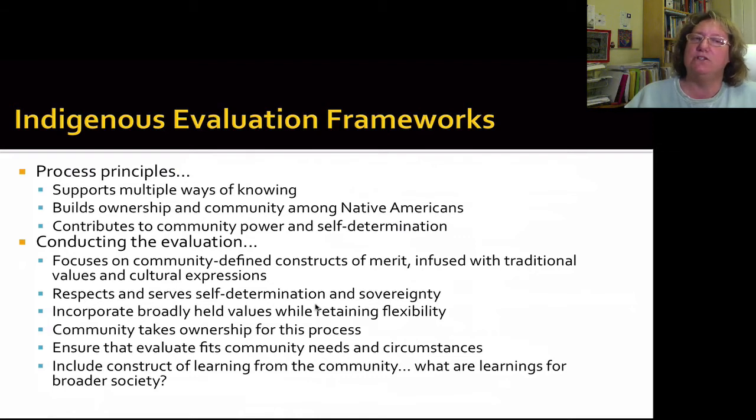Some of the additional pieces that we'll find in the Indigenous literature are about focusing on community-defined understandings of the value of the program, infused with traditional values and cultural expressions. We'll want to respect, in the process, self-determination and sovereignty.